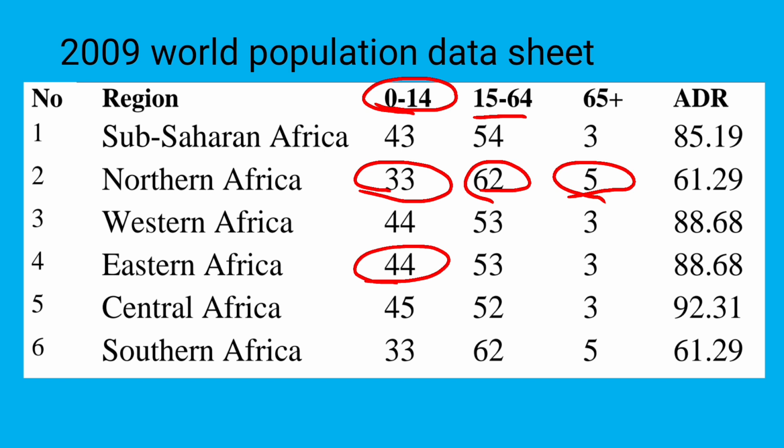The workforce is high, whereas the dependents are low, which is on average about 30-something. Okay, so the African population is dominated by a working force of the 15 to 64 age group.